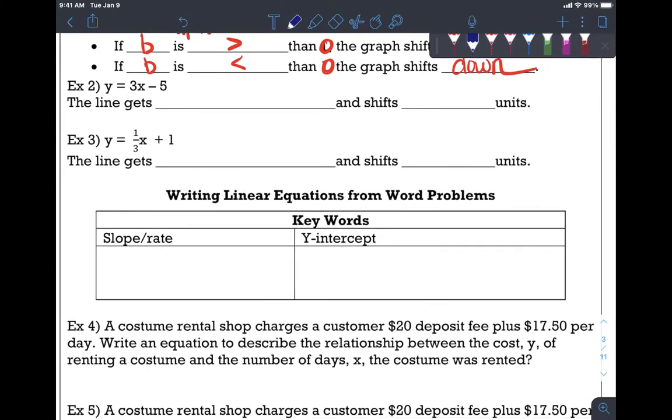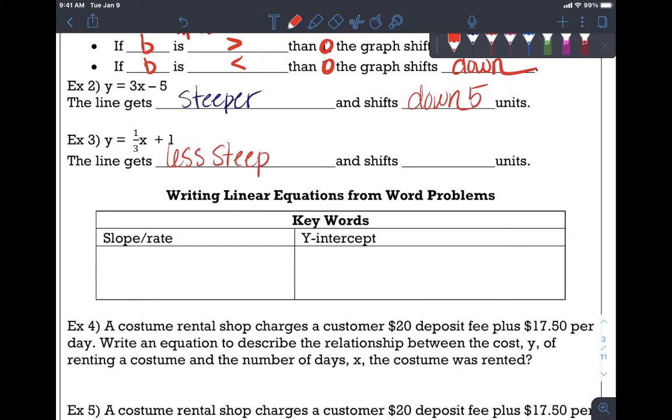Here I have y equals 3x minus 5. So the line is going to get steeper and is going to shift down by 5 units. Over here, the line gets less steep because it went down, and we're comparing it to 1.